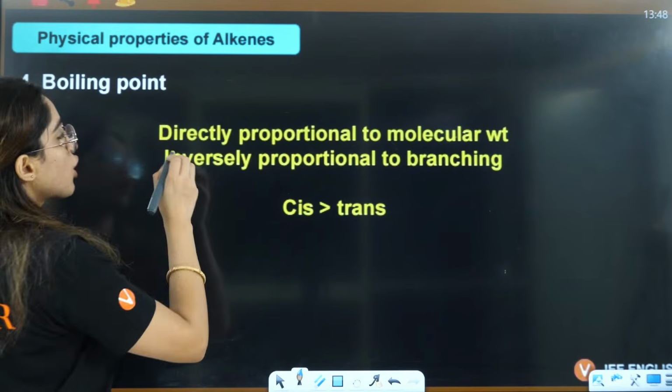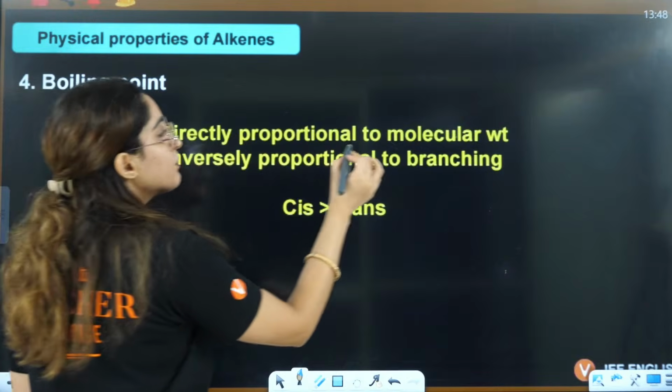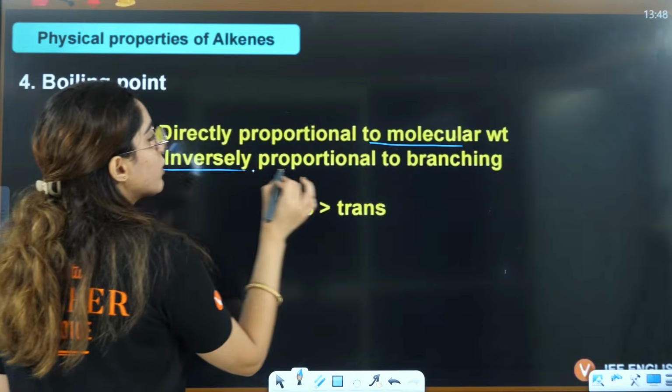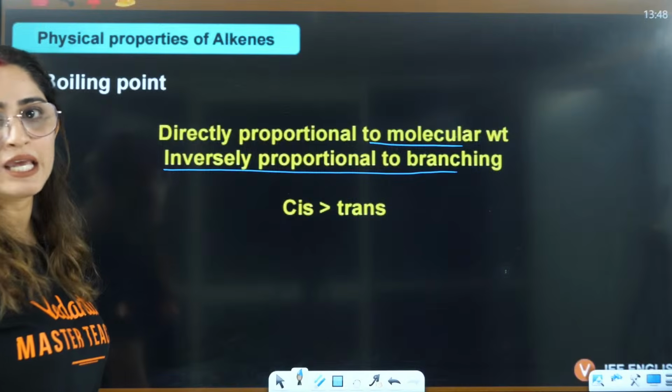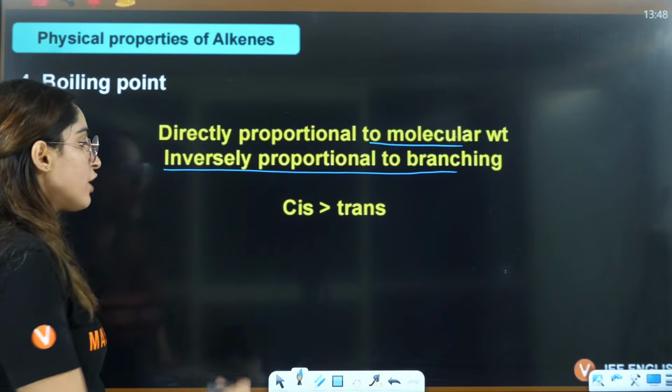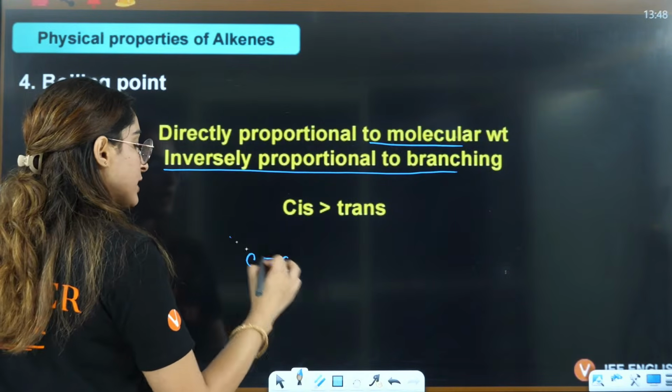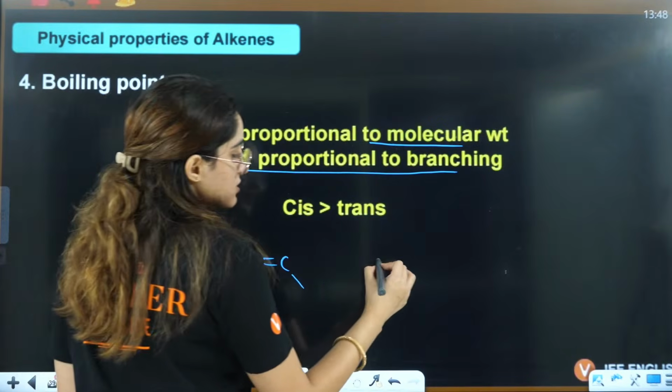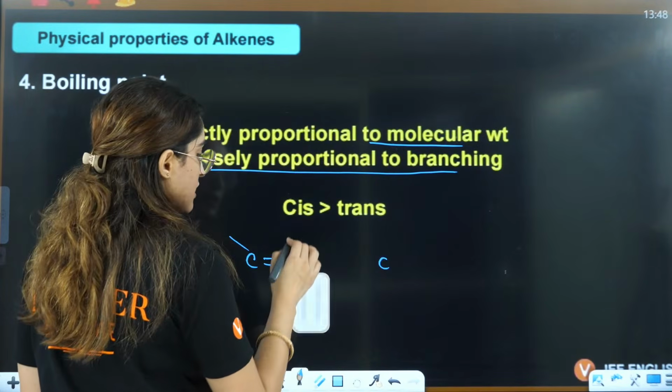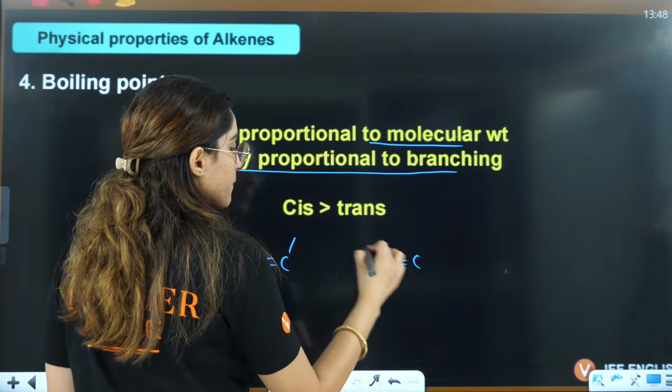Now let's talk about the boiling point. It is directly proportional to the molecular weight and inversely proportional to the branching, right? So if you see this here, this is trans, this is cis and this is trans.